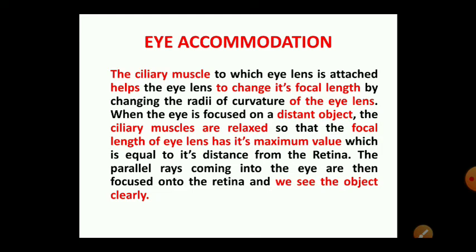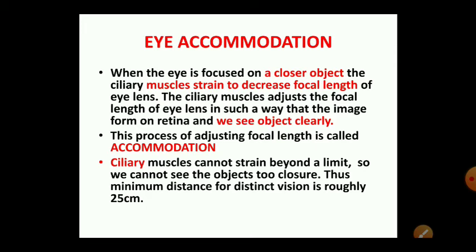So the parallel rays coming from long distance enter into our eye and are focused on the retina. We see the object clearly. While we focus on a long distant object, the ciliary muscles relax and make the focal length its maximum value.